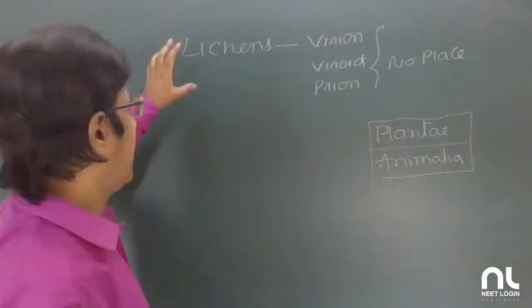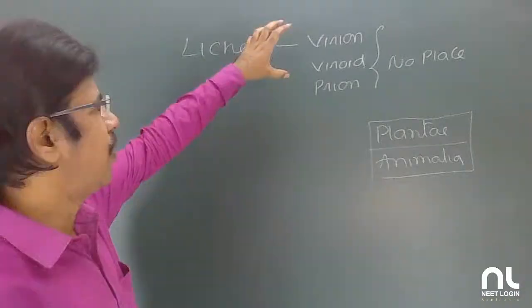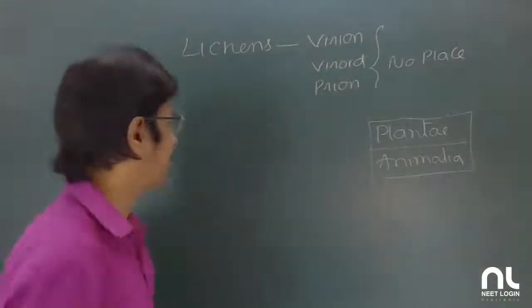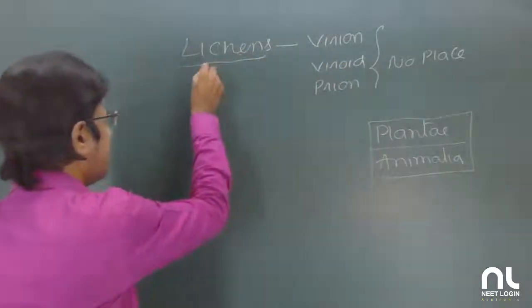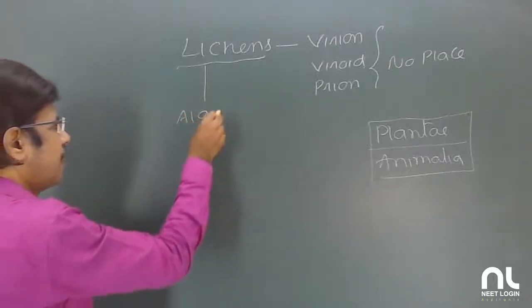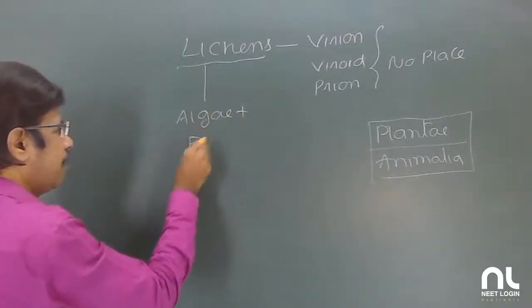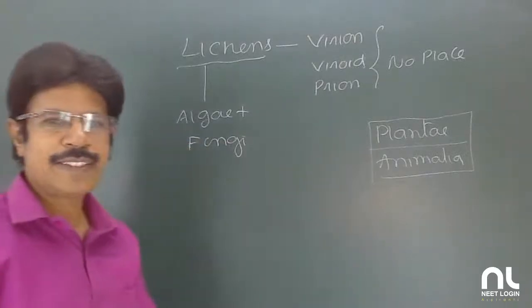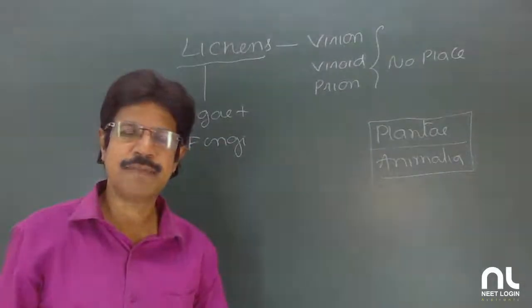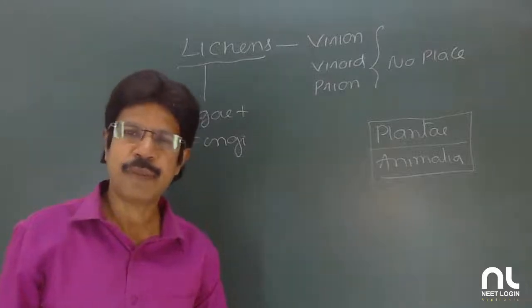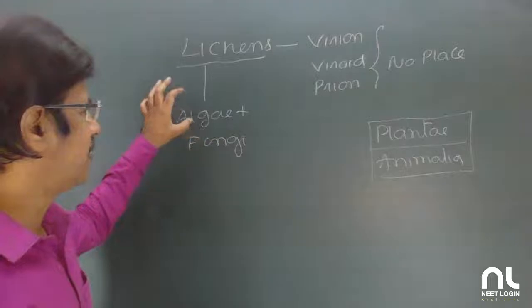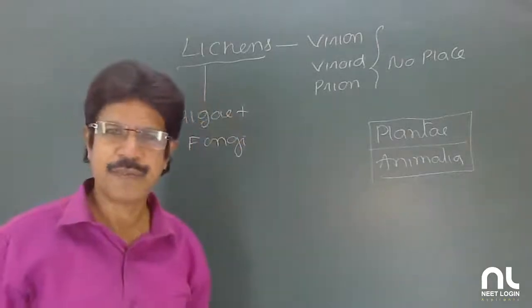And lichens, virions, and viroids, and prions did not find their place in the Whittaker system. Lichens are an amalgamation of algae plus fungi. This association may be parasitism, maybe symbiosis. Algae prepare the food material.